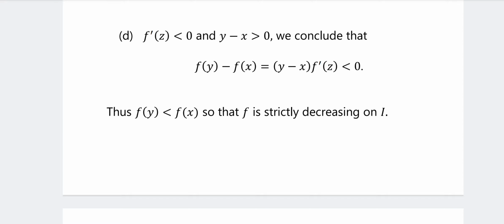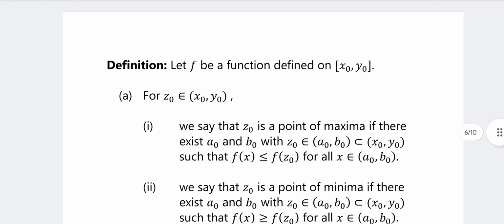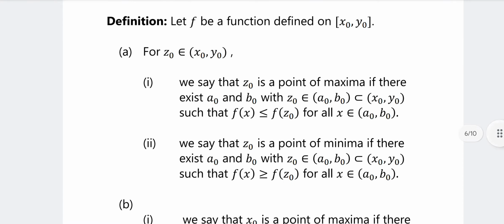Okay. Now we are going to find, so what are maxima and minima? Let f be a function defined on the closed interval [x naught, y naught], and z naught belongs to the open interval (x naught, y naught).